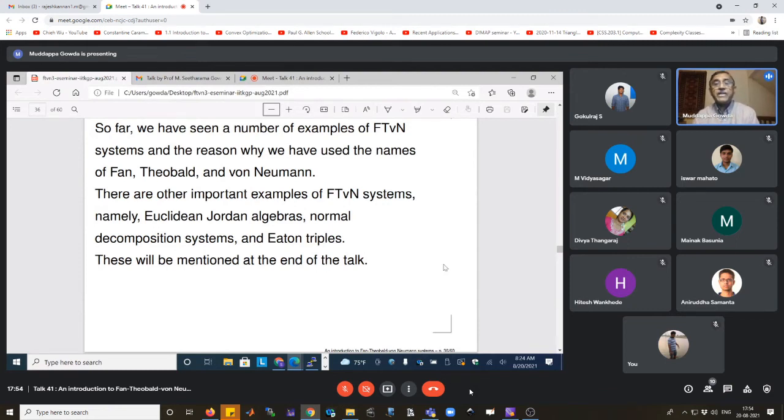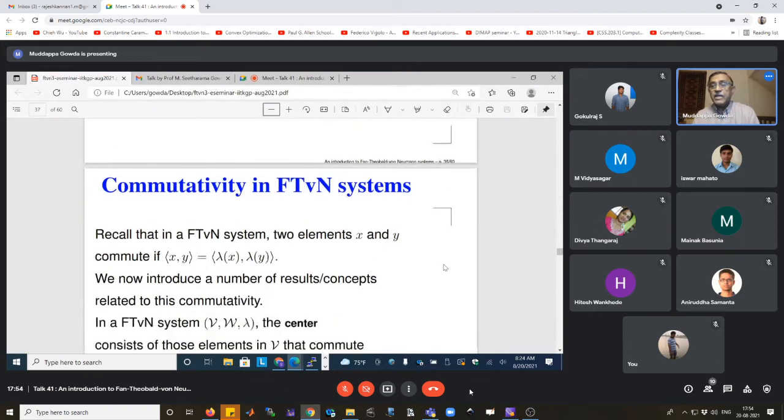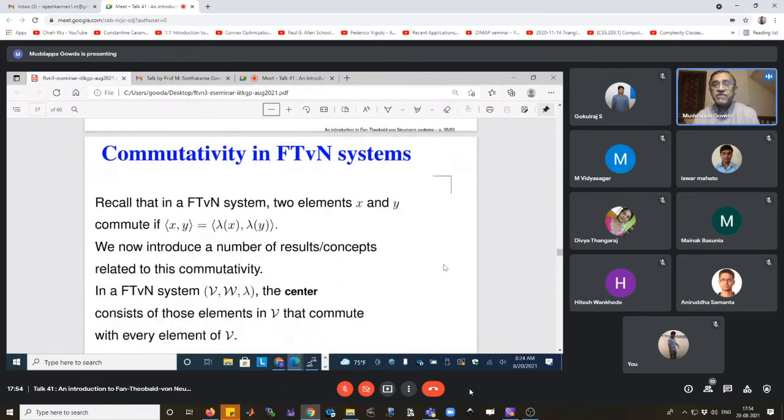There are other important examples of FTVN systems, namely Euclidean Jordan algebras, normal decomposition systems, and Eaton triples. I will mention these at the end of the talk. I may not have time to go over those, but the slides are there for anyone to read and understand. Okay. Next, I'm going to talk about commutativity in FTVN systems, and then talk about majorization and the doubly stochastic maps.